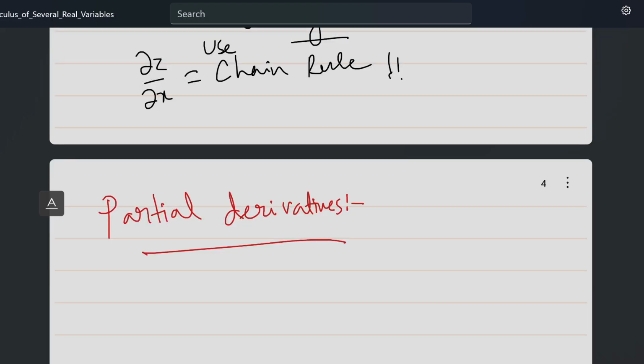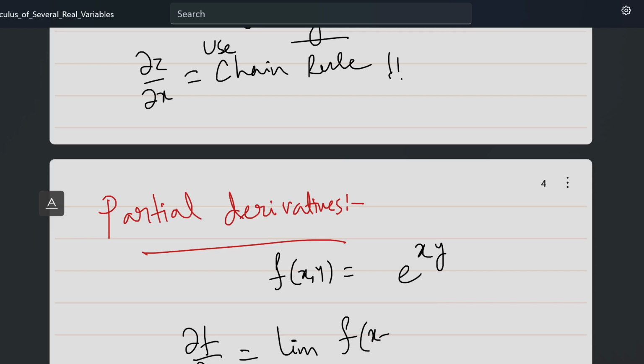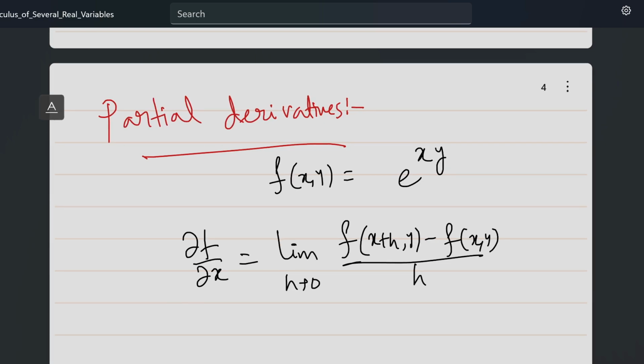So suppose f is a function of two variables, say e power xy. Partial derivative means you have to find del f del x, that is limit h goes to 0 of f of x plus h comma y minus f of x comma y over h. You can find it using the formula, or directly by differentiating.